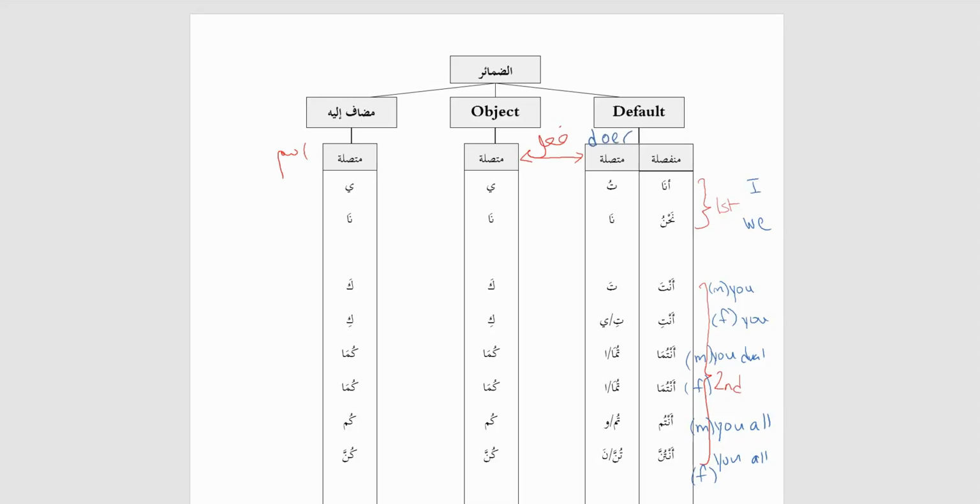And while this is acting, like I said up here, like the object, the thing that's receiving the action. So, like I said before, these two columns of muttasila pronouns come with fi'ls. If it's in this column, it's acting like the doer. If it's in this column, it's acting like the object. And actually, let's go through each one.